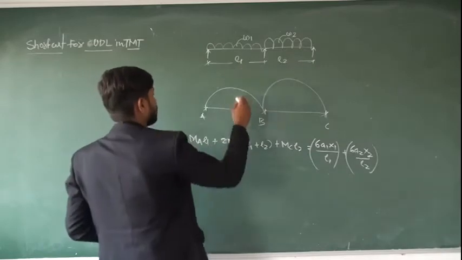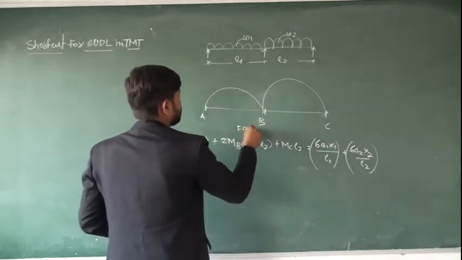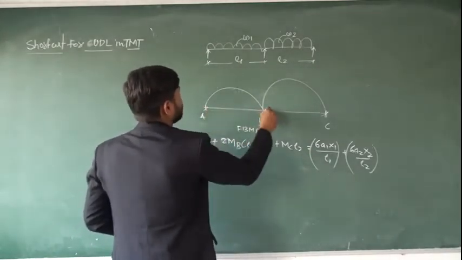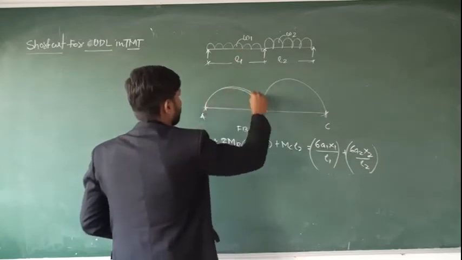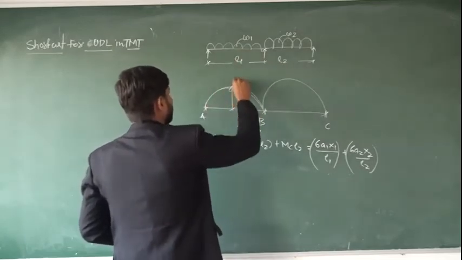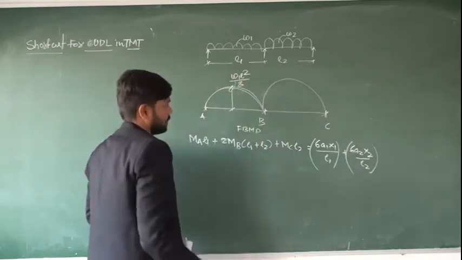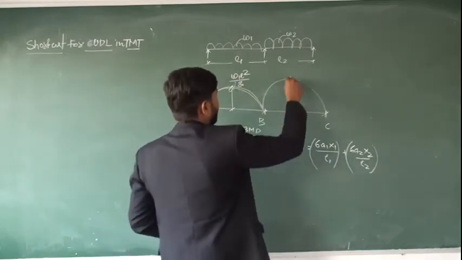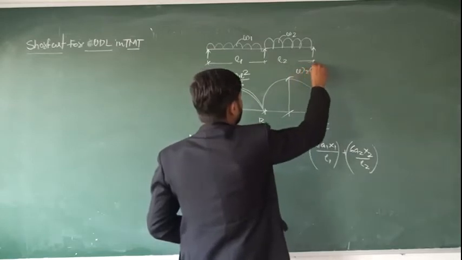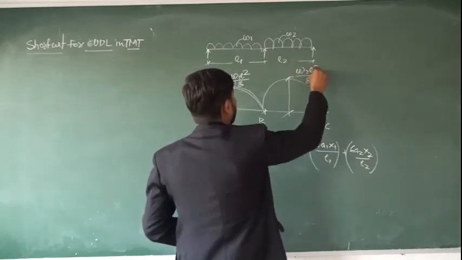If you draw the PPMD for this beam, it will be parabolic because it is a UDL, and its maximum magnitude will be W1 L1 square divided by 8. The second is also a parabola, with magnitude W2 L2 square divided by 8.